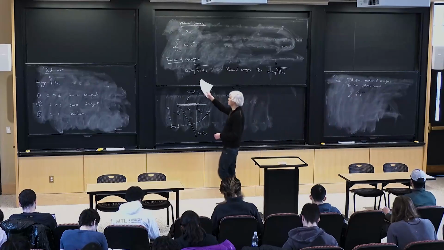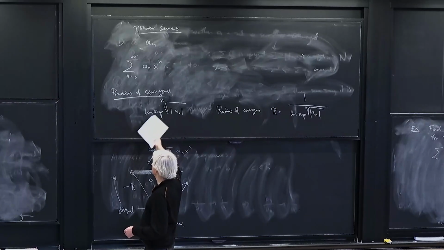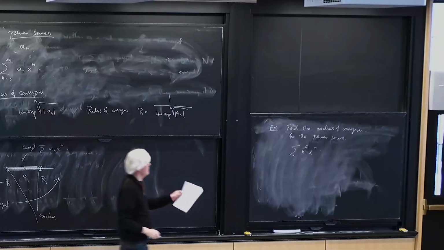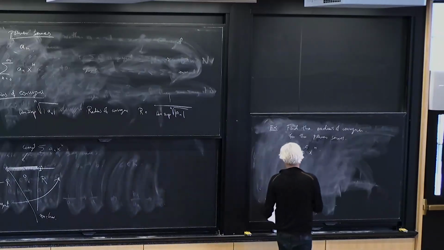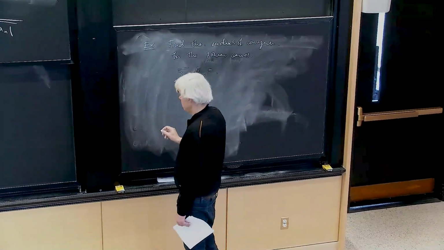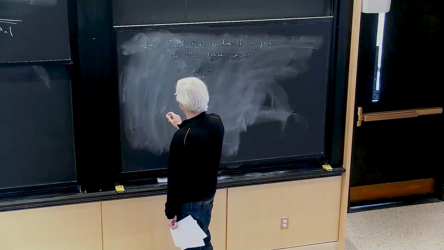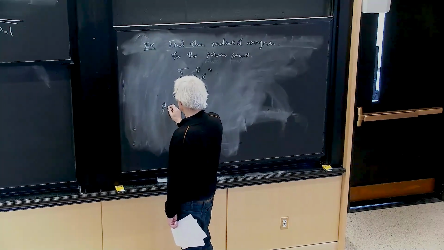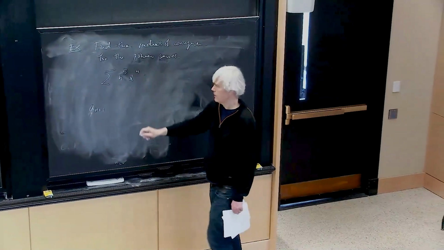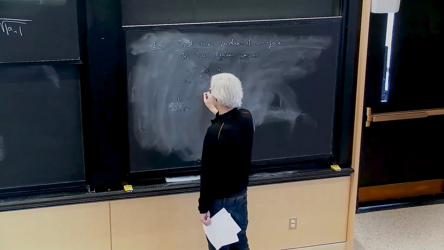So suppose this is the power series you're given, and you want to find the radius of convergence. You can either just plug it into this test, or you can just apply it directly. We know that it's some interval, and I just want to see for which x this converges.